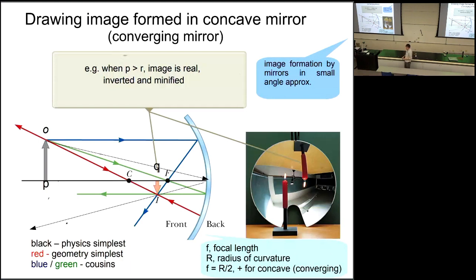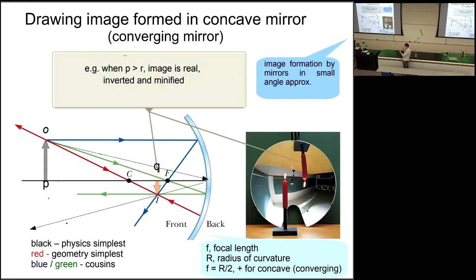There's another ray, the simplest geometrical ray. That's the red ray. It also comes from the same location. The rule for this ray is going to pass through the radius of curvature. So look, that's the key point here. If you head towards the mirror through the radius of curvature, you're going to strike the mirror perpendicular to the face of the mirror because you're traveling along a radius, so like a spoke on a wheel.